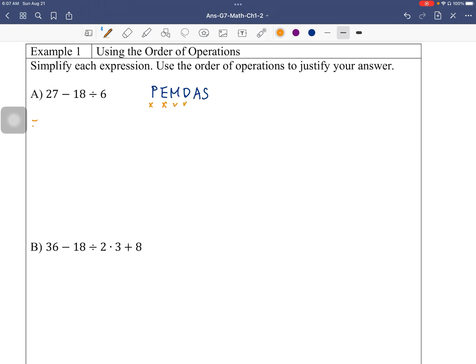Yes. So I want to do these first. 18 divided by 6 is 3. And then do addition, subtraction from left to right. 27 minus 3 is 24.